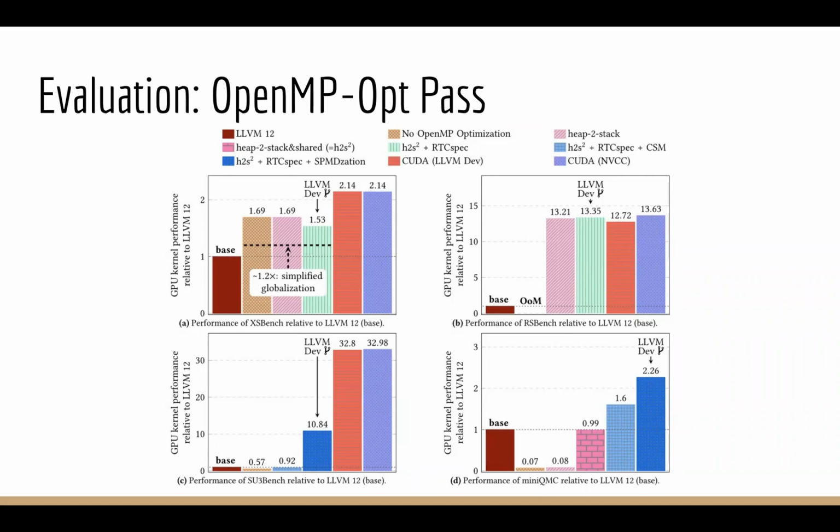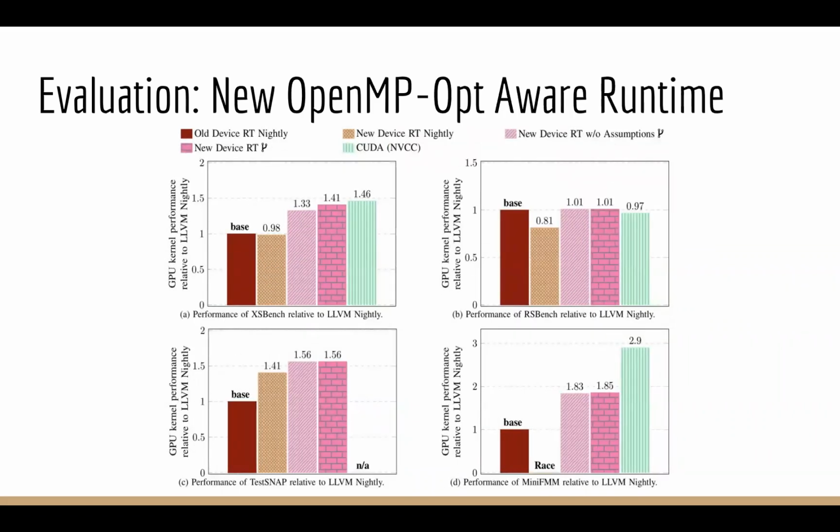Next slide, please. Another thing we did was redesign the OpenMP device runtime with these OpenMP optimizations in mind. This allowed us to target what we know the new OpenMP opt pass can do for the GPU. You can see here that with this new runtime, we closed the gap that you previously saw for XSBench and further reduced it for some of these other applications we tested.